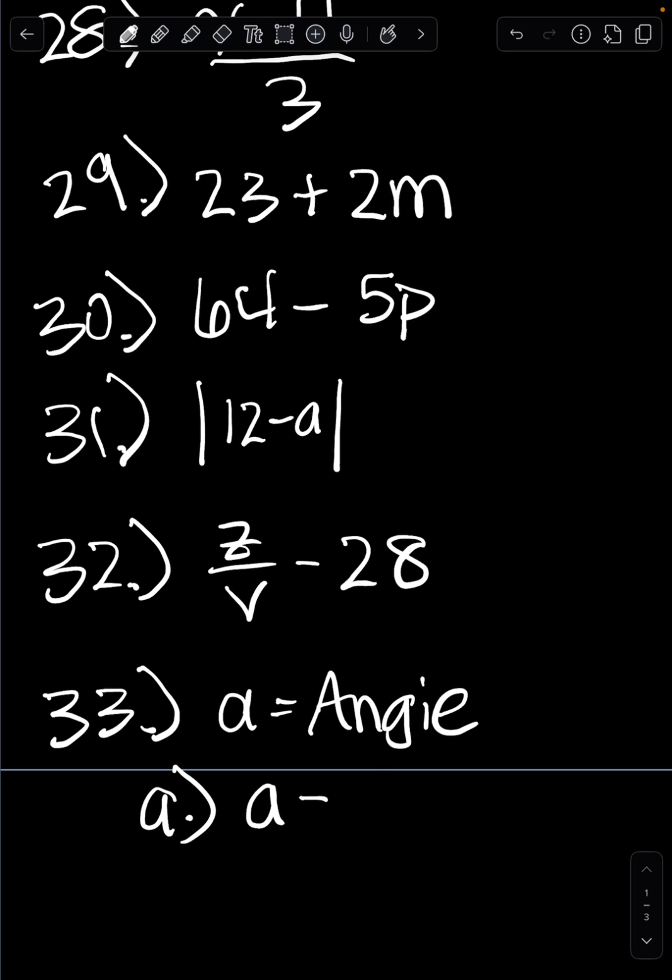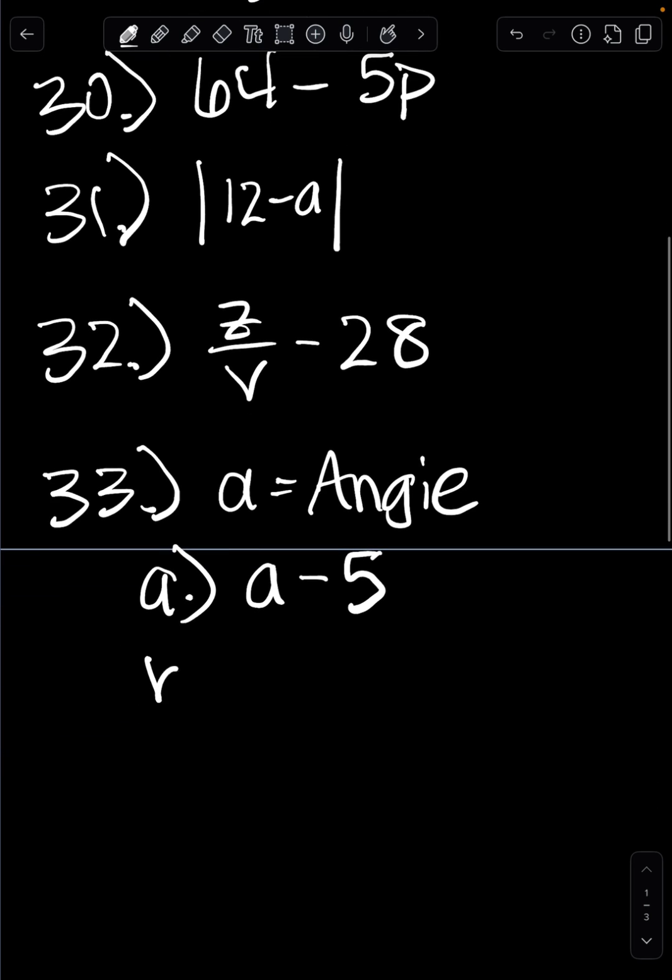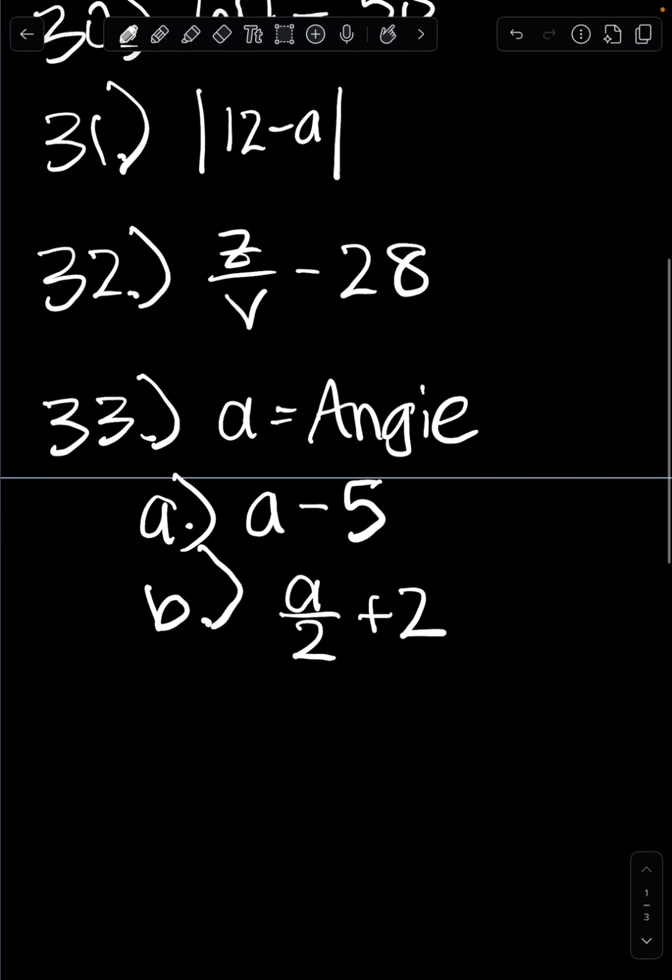So Angie minus 5. B, Jen, who is 2 years older than half Angie's age. Okay, so we're going to have to take half of Angie, so A divided by 2, and then it's 2 years older than that, so plus 2.